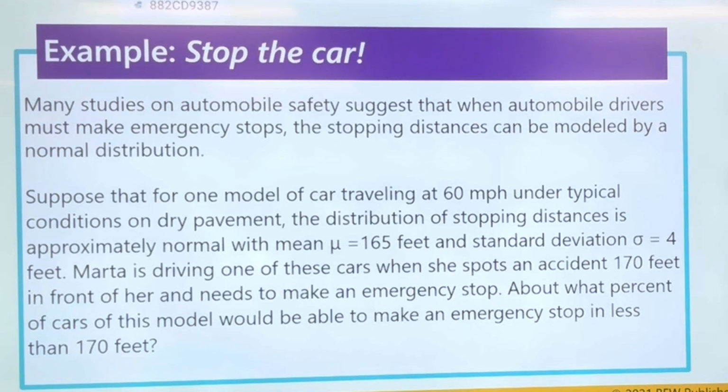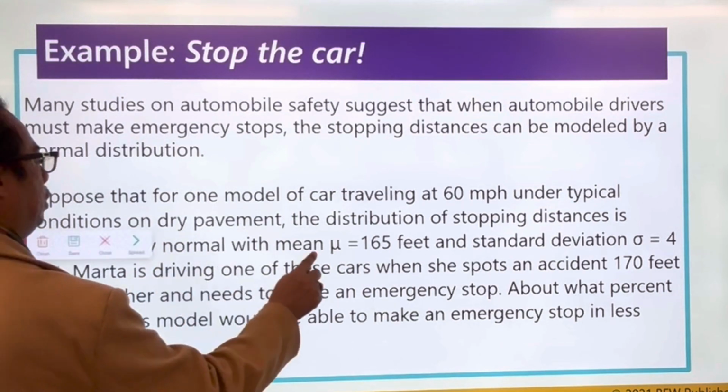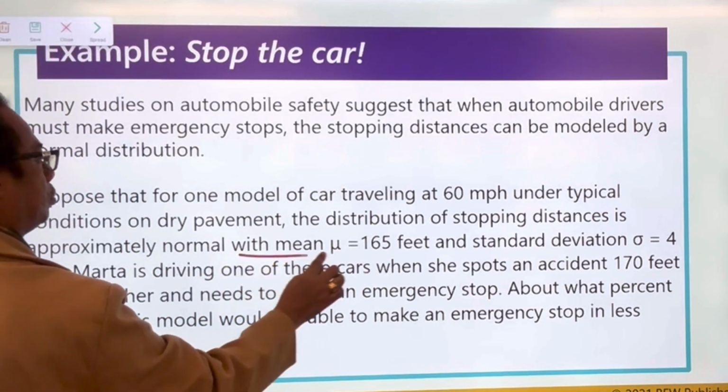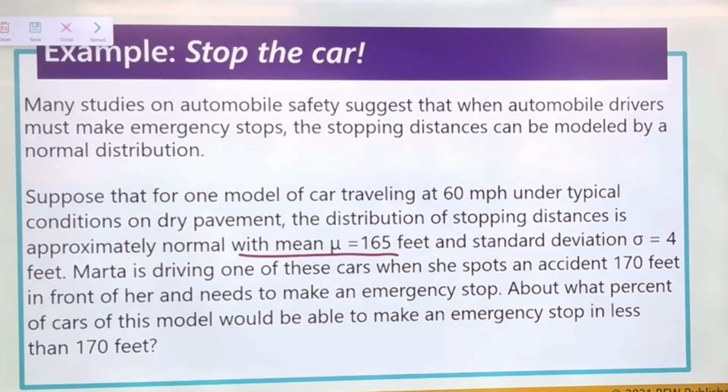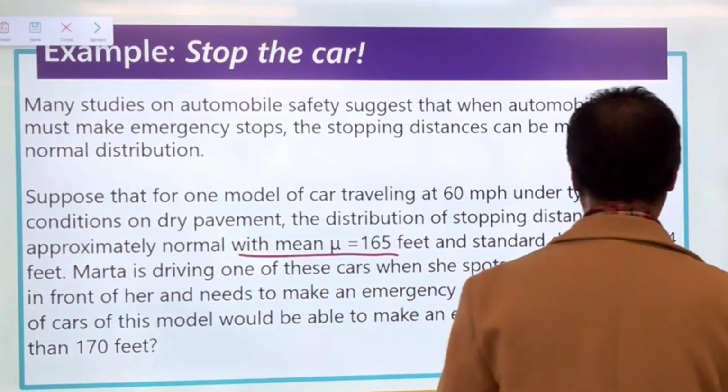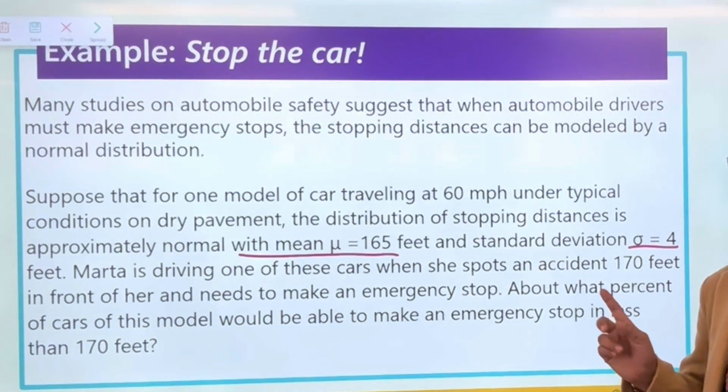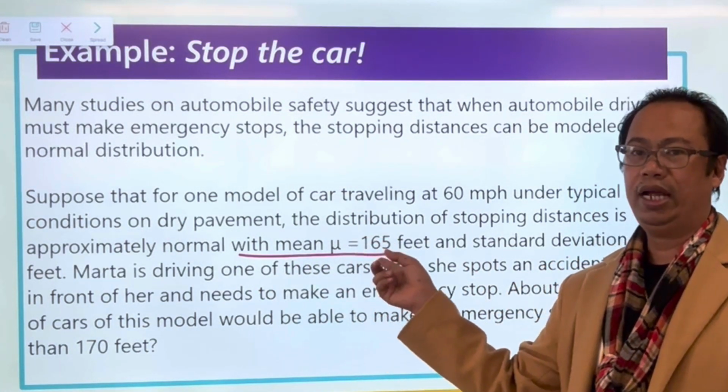Suppose that for one model of a car traveling at 60 miles per hour under typical conditions on dry pavement, dry pavement meaning this happened during summer, the distribution of stopping distance is approximately normal with a mean of 165 feet. Standard deviation, we have 4. So again, the mean is 165.